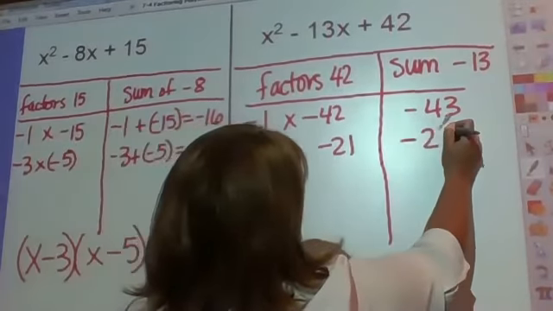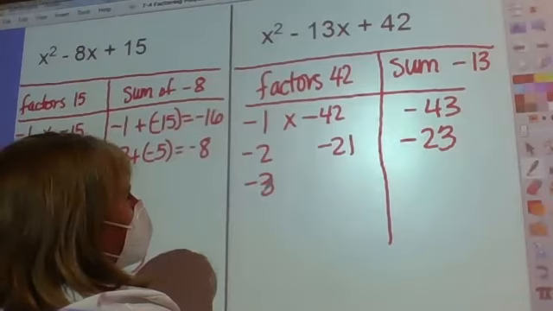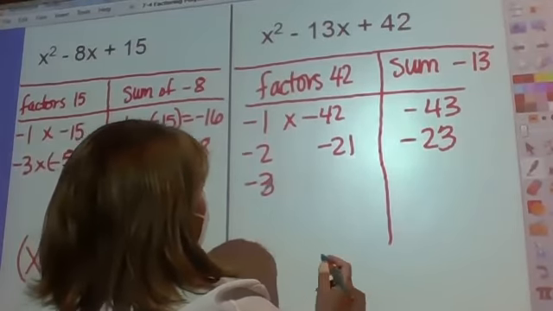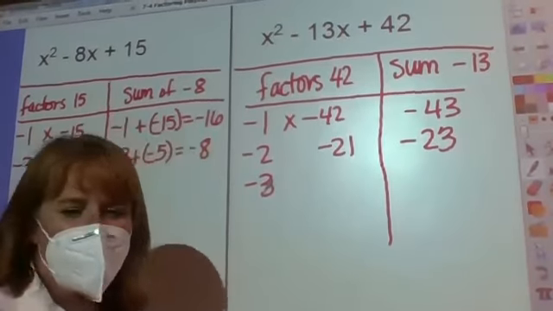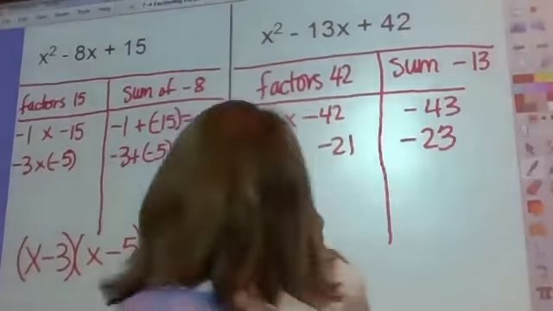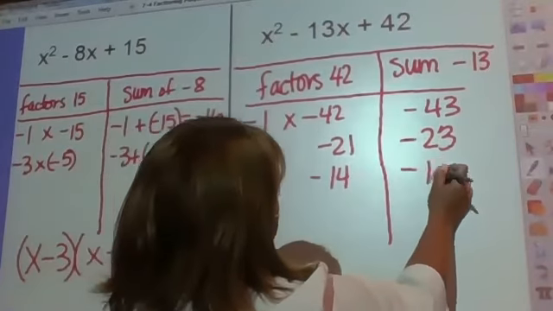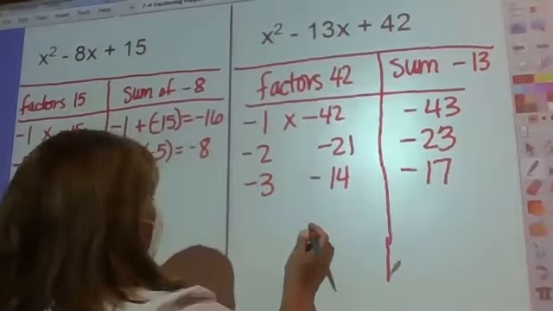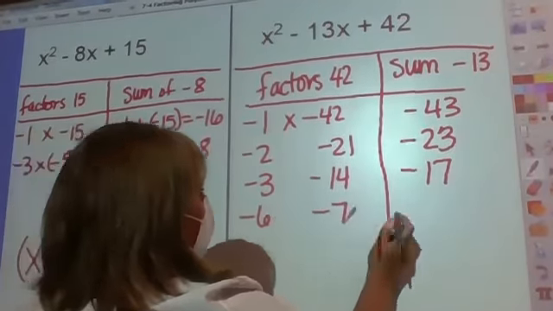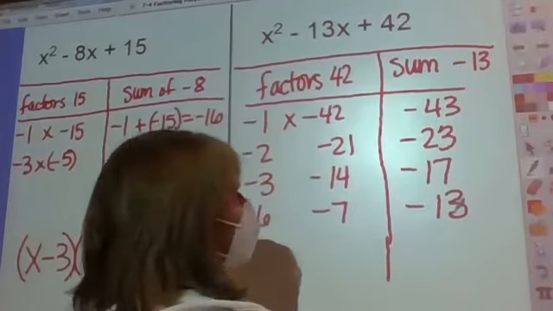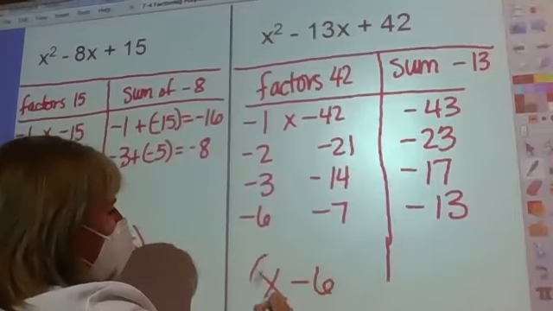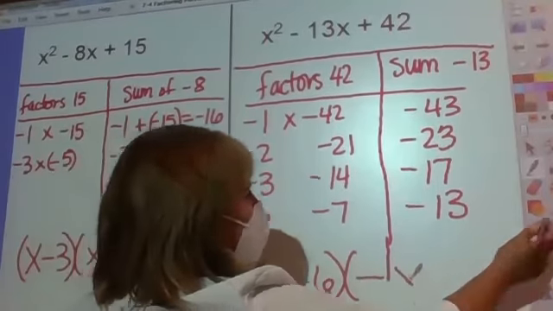Negative 3 times, what's 42 divided by 3? 14, okay. Negative 3 and negative 14 is negative 17. I'm getting closer. 4 doesn't go into it, but negative 6 and negative 7 give negative 13. Winner, winner, chicken dinner. So it's x minus 6 times x minus 7.